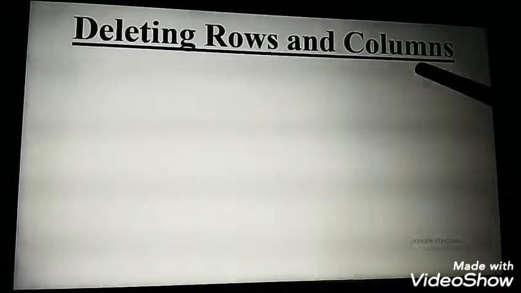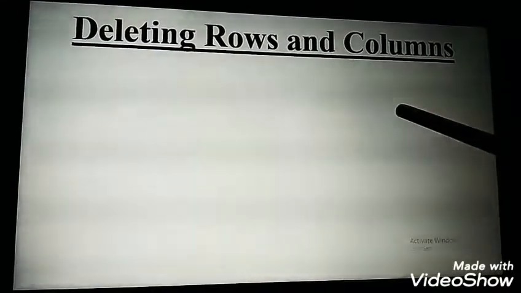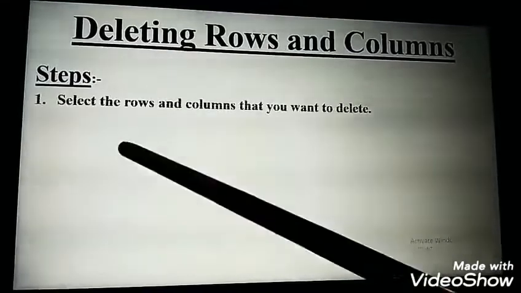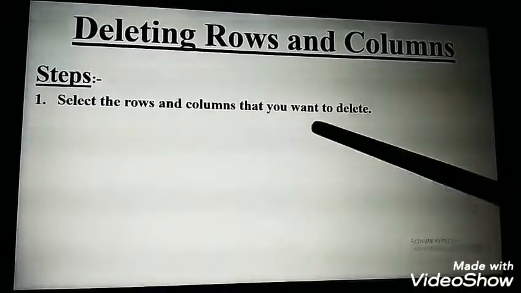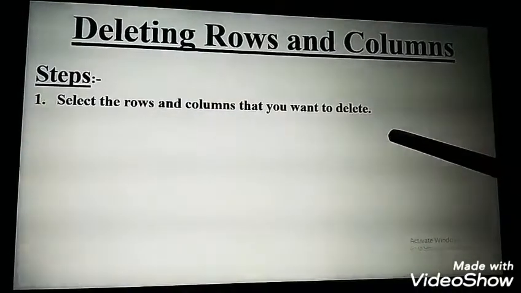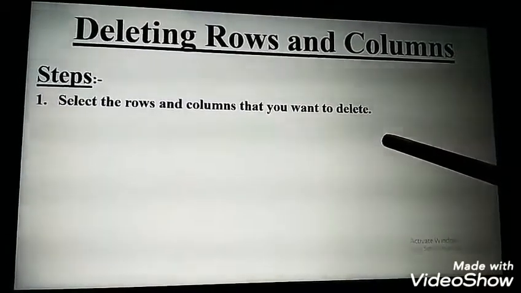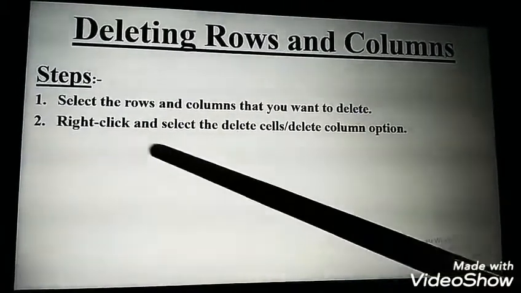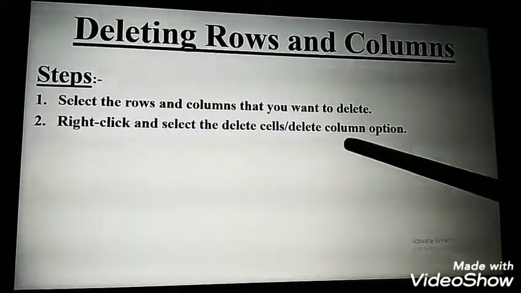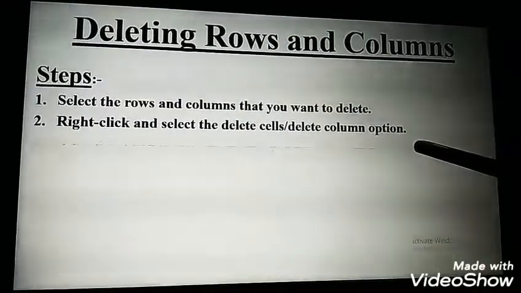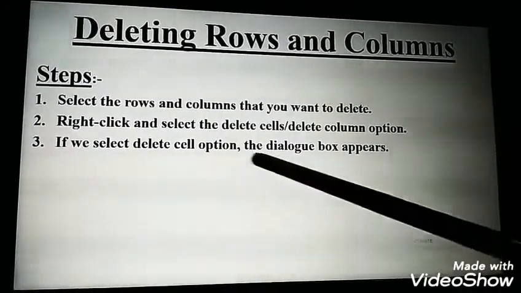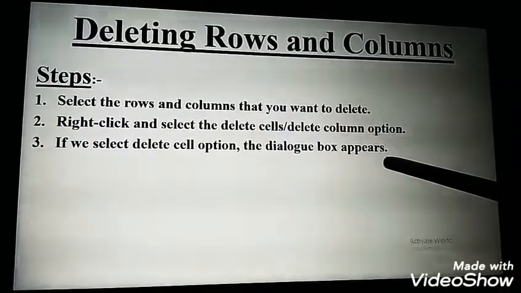So the next one is deleting rows and columns. Now we will learn how to delete rows and columns. The first step is to select the rows and columns that we want to delete. Then right click and select the delete cell or delete column option. If we select the delete cell option, a dialog box appears.